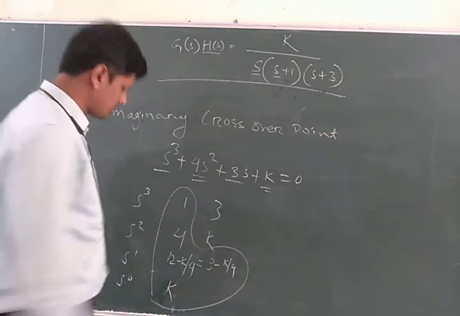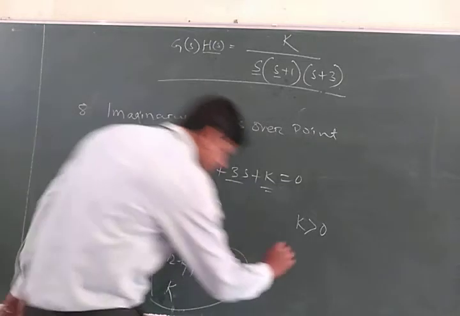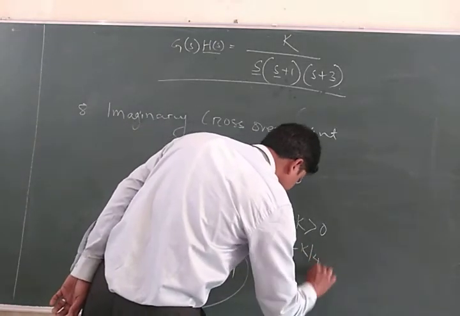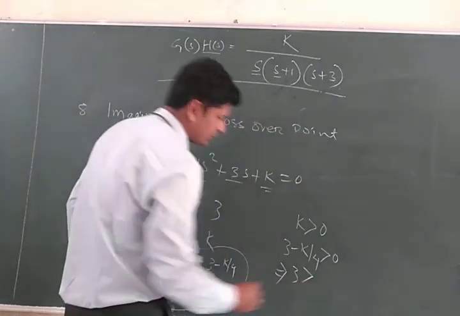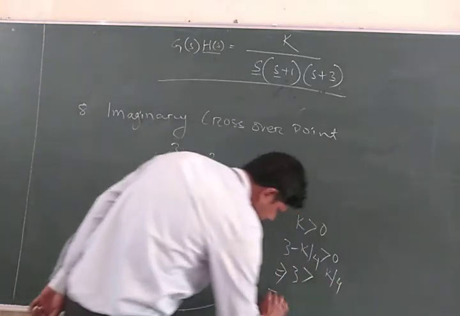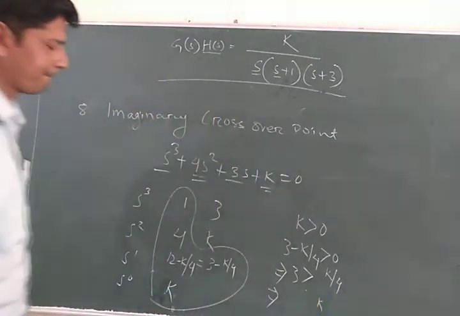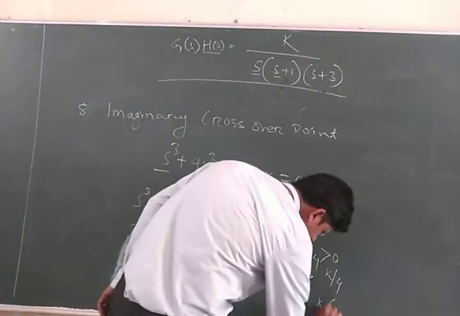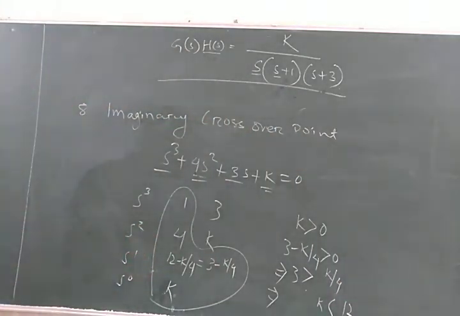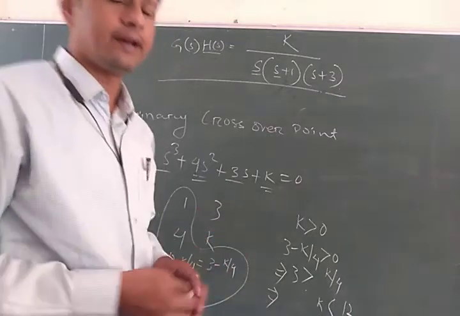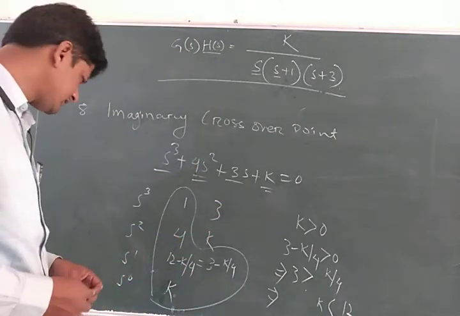So for a stable system K must be greater than 0, and 3 minus K by 4 must also be greater than 0. So 3 must be greater than K by 4, and K must be less than 12.